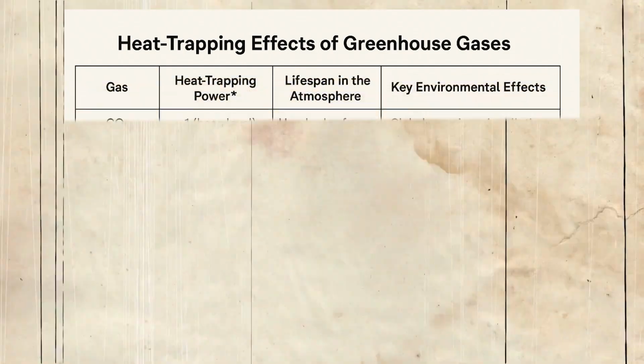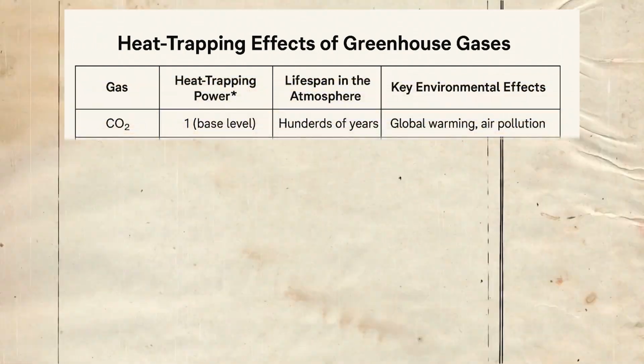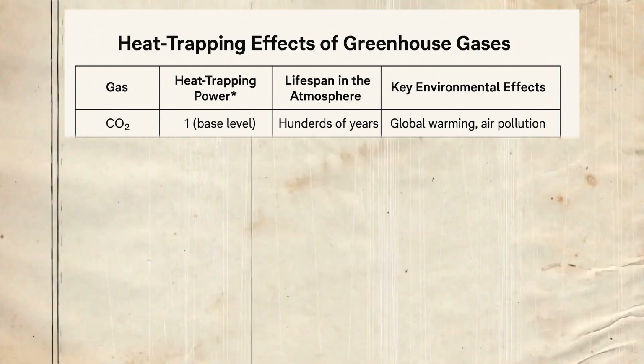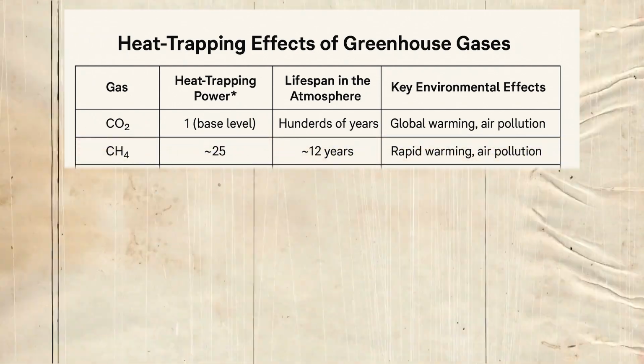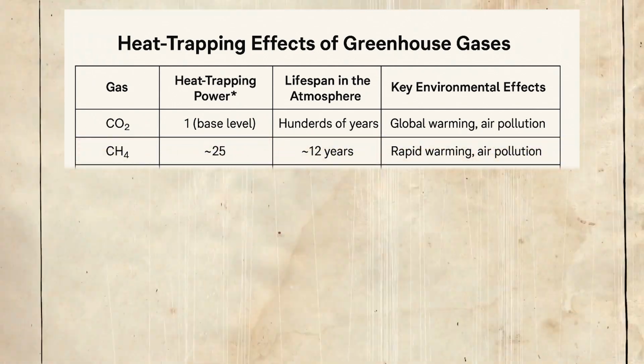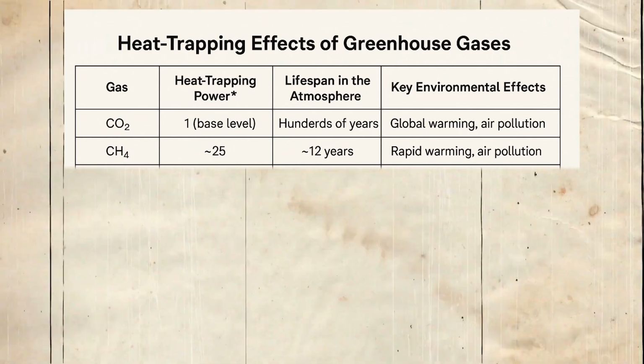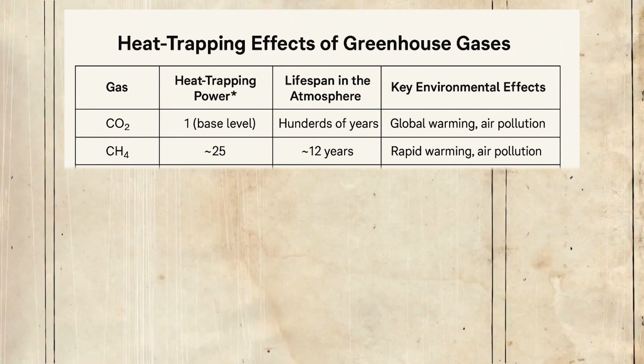If we see gas by gas, considering CO2, generally it remains for hundreds of years. But when we talk about methane, it remains for approximately 12 years. So it means whatever is going up, it's not going away. It remains somewhere in the globe for 12 years.